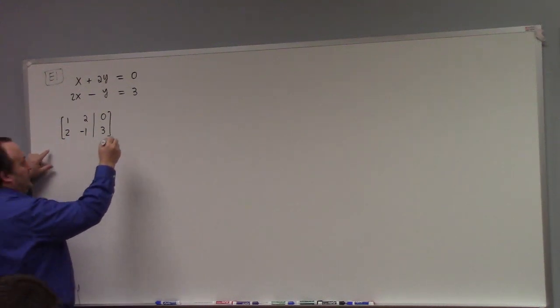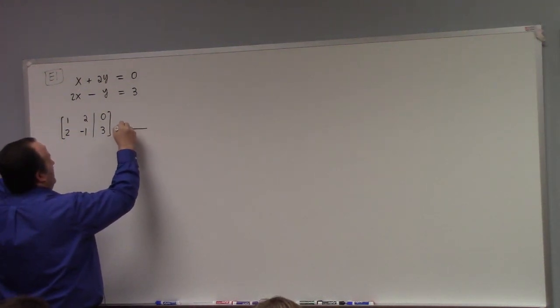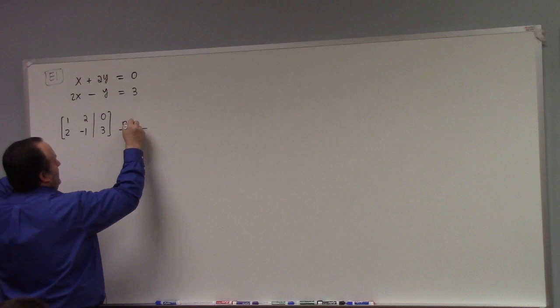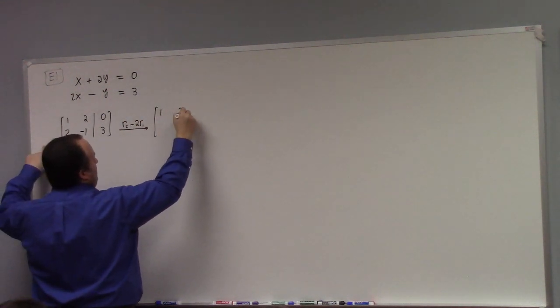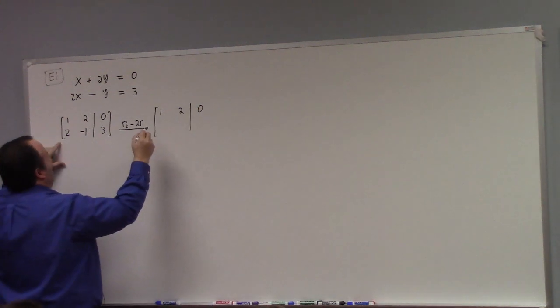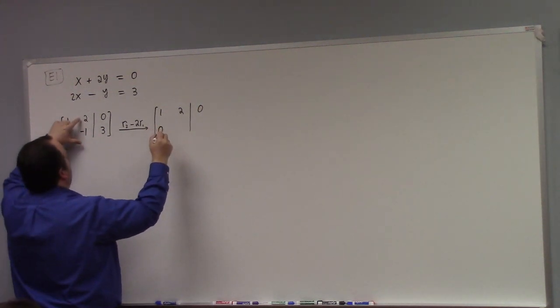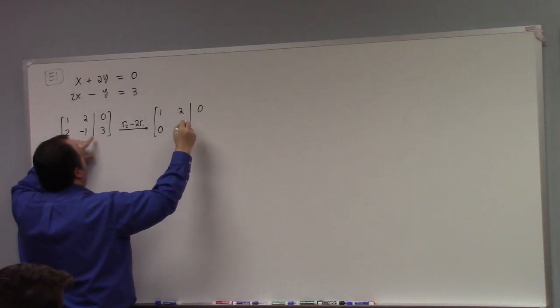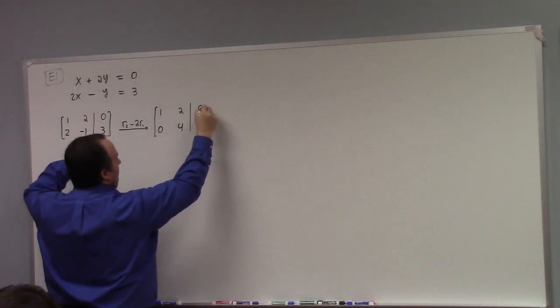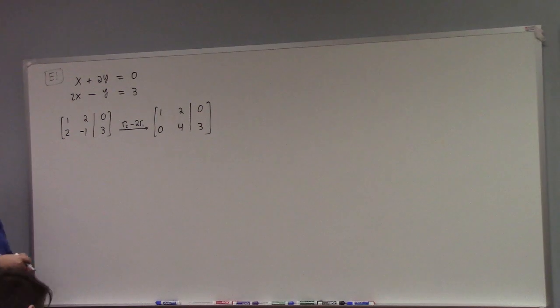First opening move here, row 2 minus 2 row 1. So 1, 2, 0 stays the same. And I get 0, let's see here, 4 and 3. I'm not going to quite do the algorithm which is in my notes.